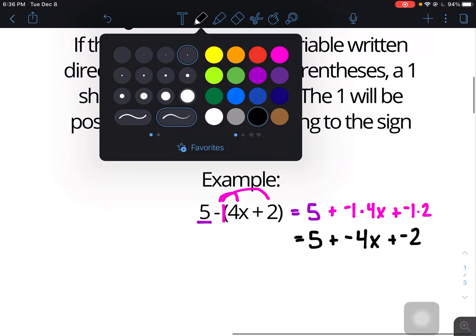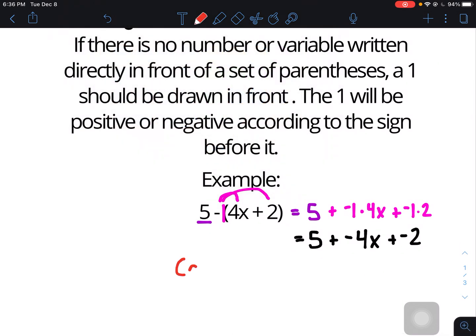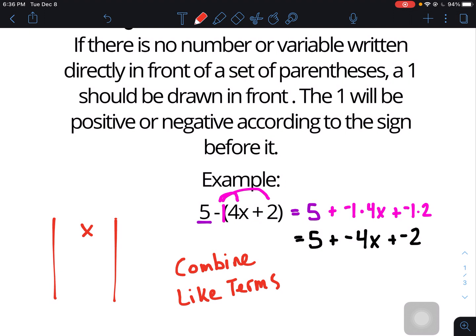Our last step is we need to combine like terms. That means we combine things into groups. So we usually have one group is things that have 1x, or things that have 2x's, like x squared, or things that are just regular numbers.